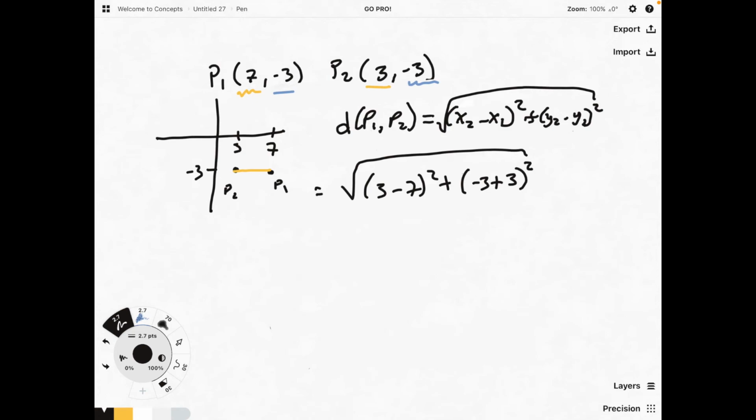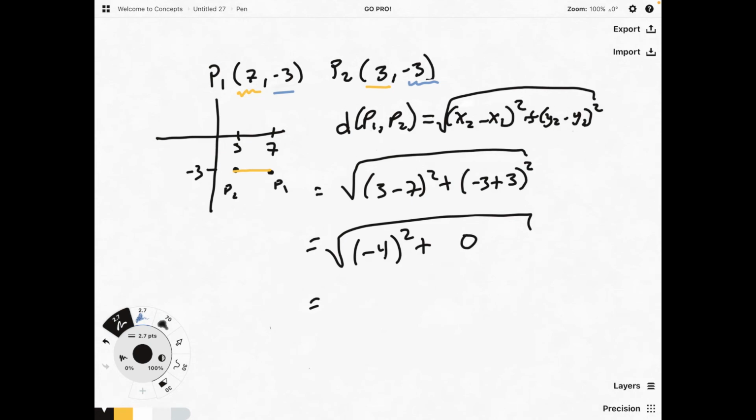If we simplify this, 3 minus 7 is negative 4, that quantity squared, plus negative 3 plus 3 is 0, and 0 squared is 0.